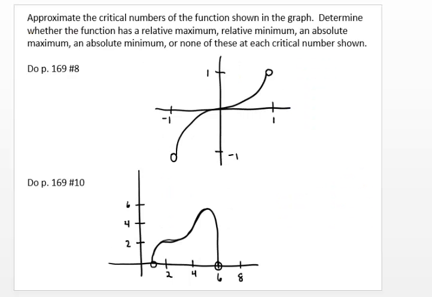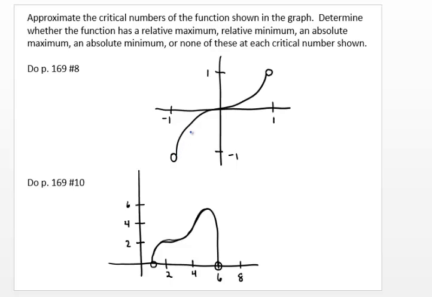Looking at some other types of problems, you'll see as far as directions are concerned, approximate the critical numbers of the function shown in the graph, and determine whether the function has a relative max, relative min, absolute max, absolute min, or none. So what I want to point out to you is, first of all, this does not have any endpoints, so we do not have to consider the endpoints.